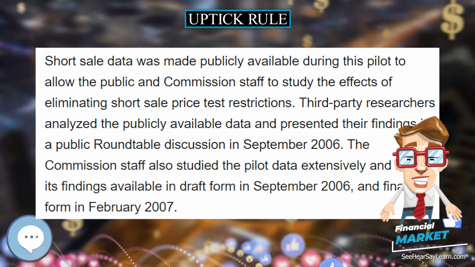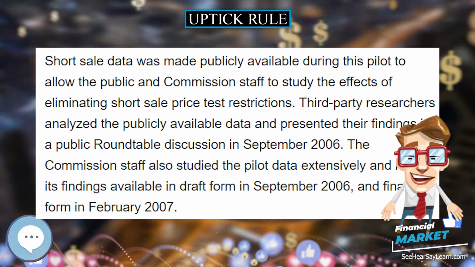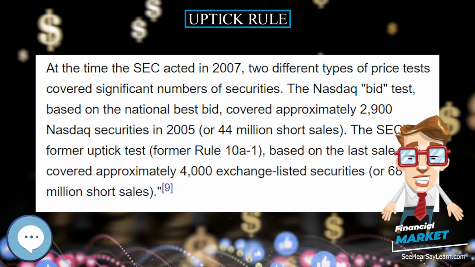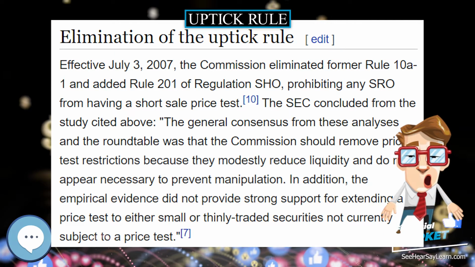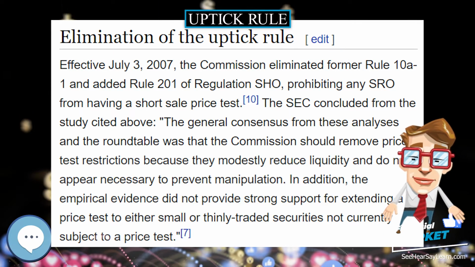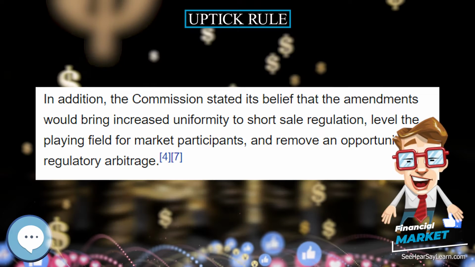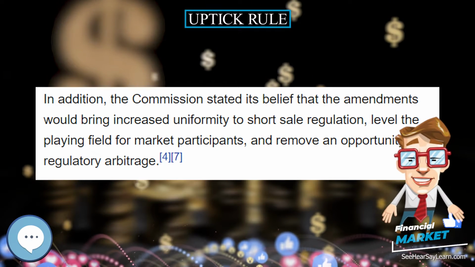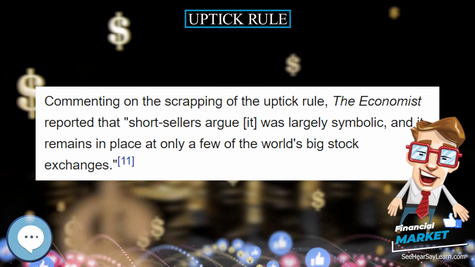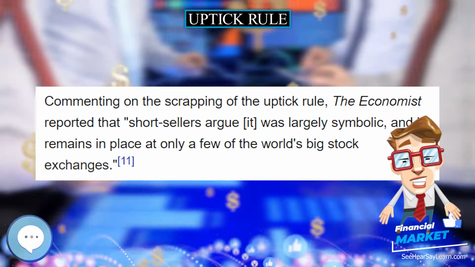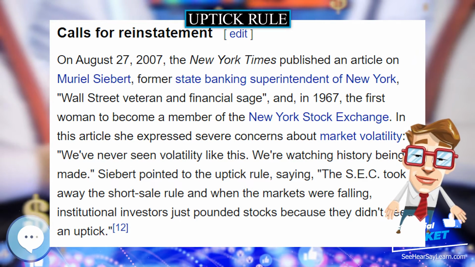The NASDAQ bid test, based on the national best bid, covered approximately 2,900 NASDAQ securities in 2005, or 44 million short sales. The SEC's former Uptick test, former Rule 10A-1, based on the last sale price, covered approximately 4,000 exchange-listed securities, or 68 million short sales.